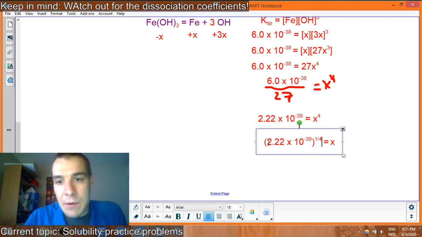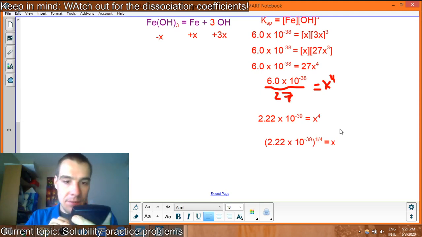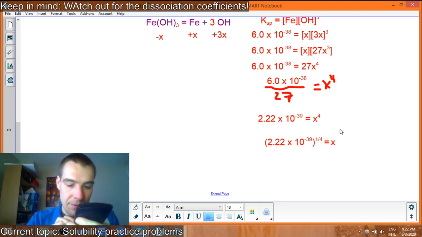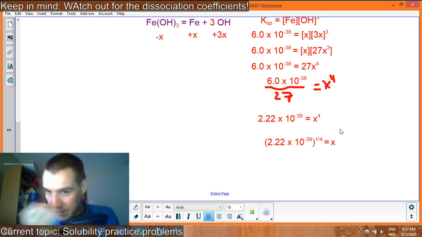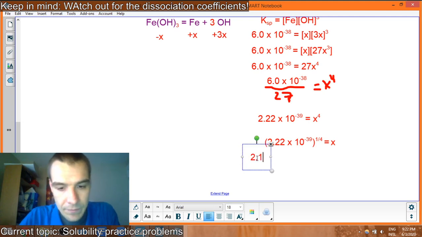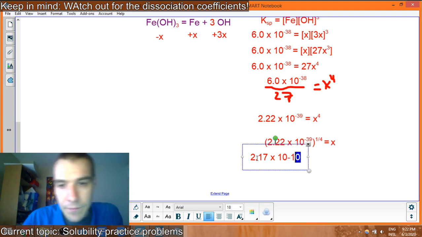Just take it to the power of 1/4. It's root 4. So let's do that. 2.22 to the power of brackets, always brackets. You can do 0.25 if you want, or just 1/4. I get 2.17 times 10 to the negative 10.